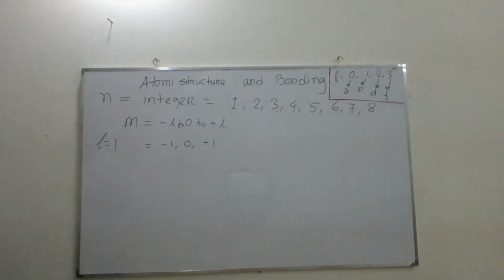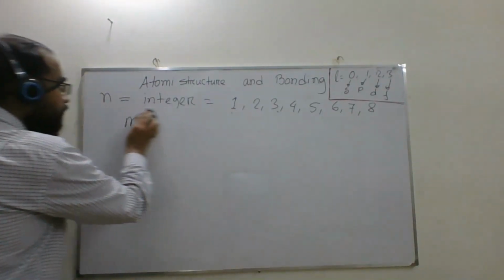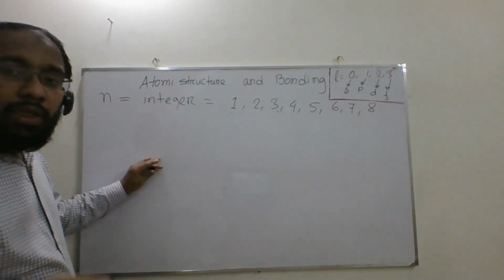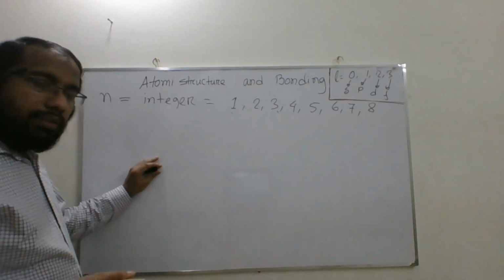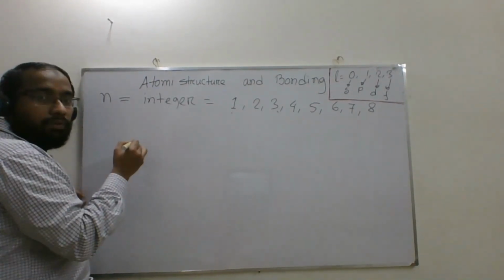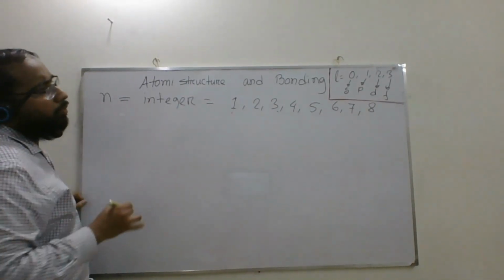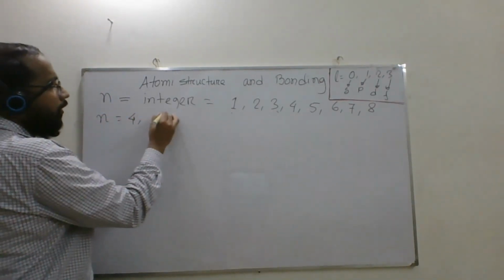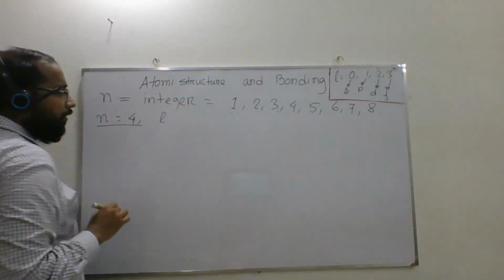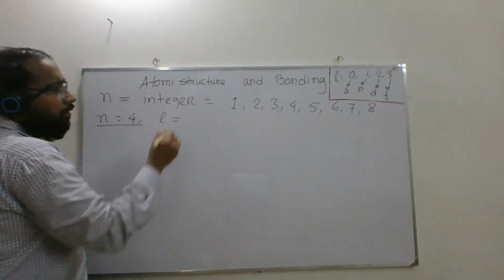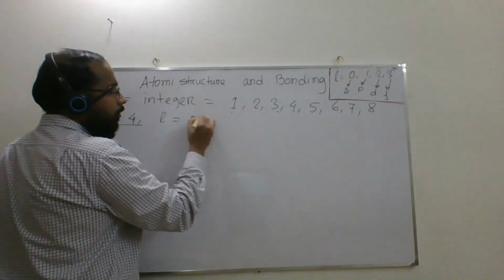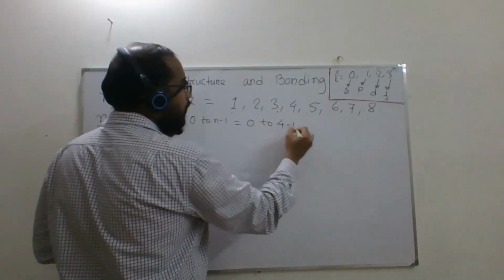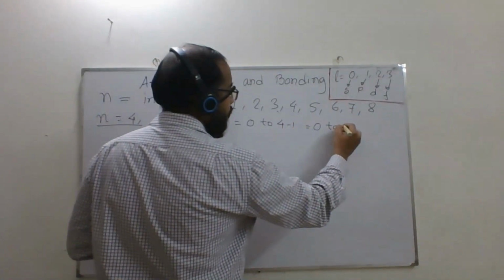Now we will look at that. I said again, this value of m largely depends on the set of n and l. So how? Now consider that. Suppose I go for n equal to 4. Then l equal to 0 to n minus 1, so 0 to 4 minus 1, so 0 to 3.